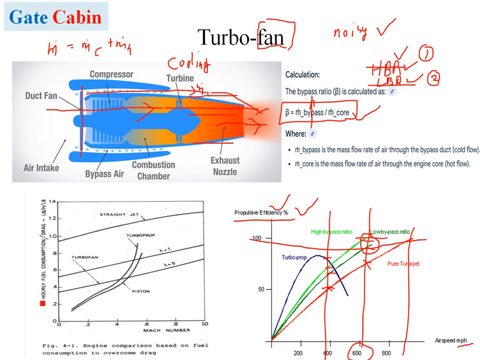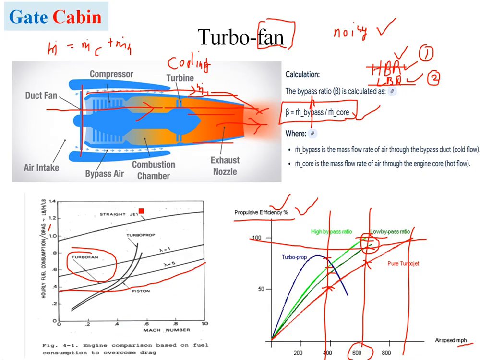Okay, then coming back to the hourly fuel consumption ratio and drag ratio with the Mach number, it can be easily seen that the turbofan engines are the best choice, because they have very low fuel consumption and low drag at a given Mach number.